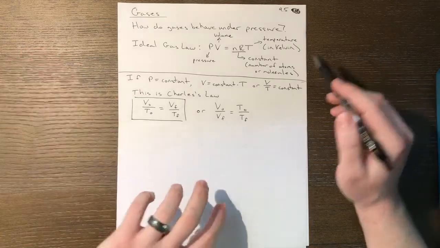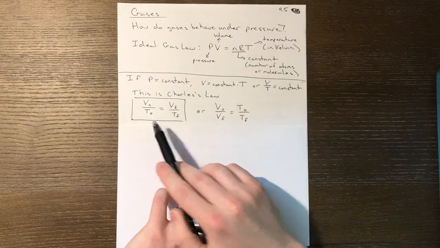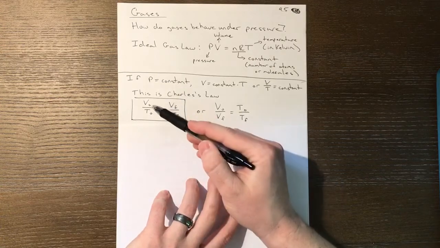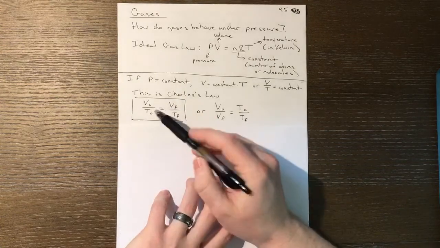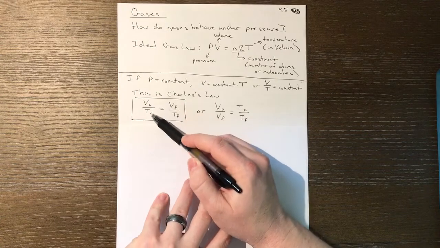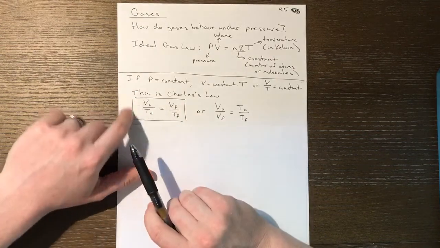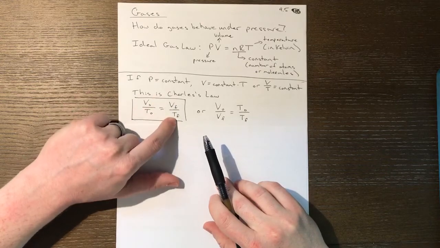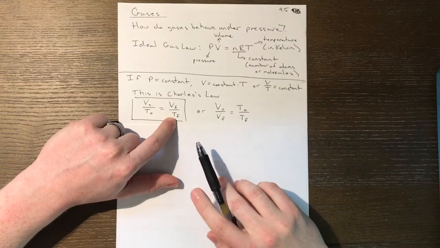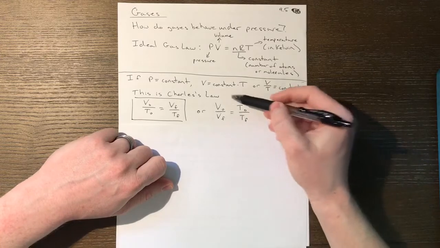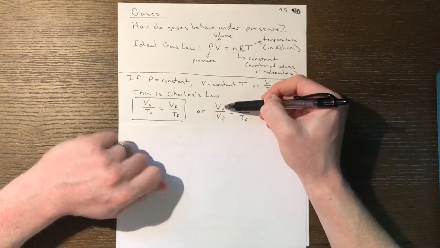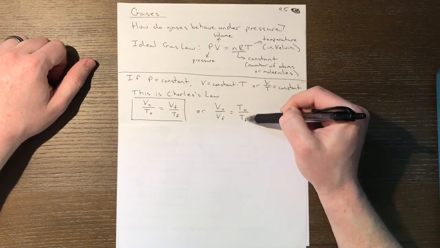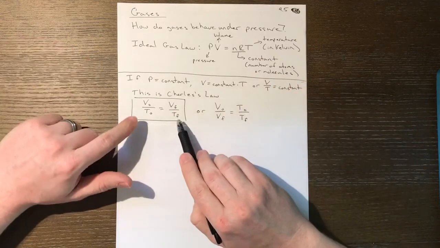But throughout any process, if we're leaving the pressure constant, this is always true. The volume over the temperature must be the same. So if there's some value at the beginning, that same volume divided by temperature at the end better be the same. Your equation sheet has this written slightly differently as V naught over V final equals T naught over T final. I prefer to use this one.